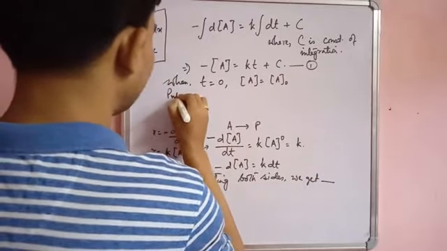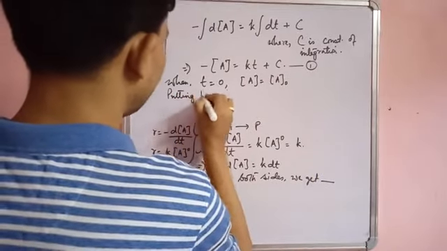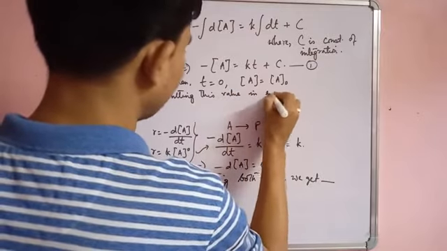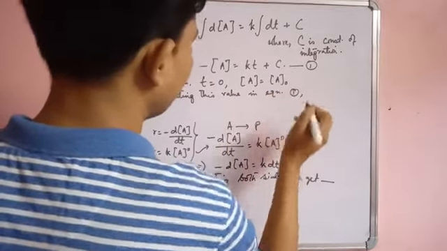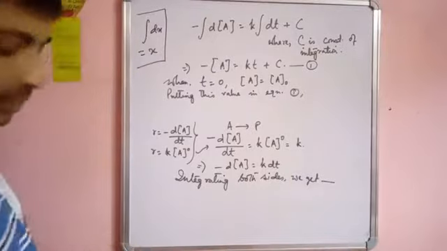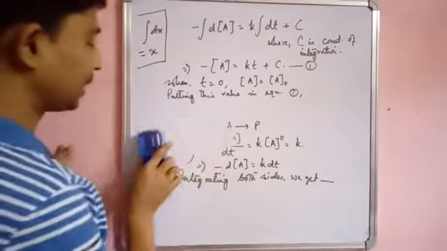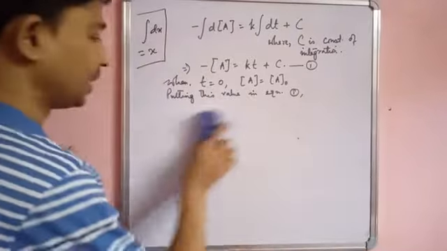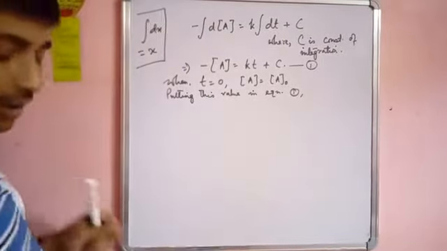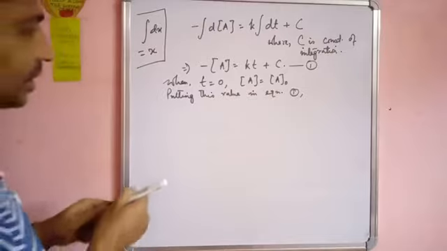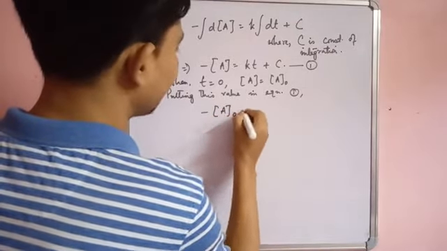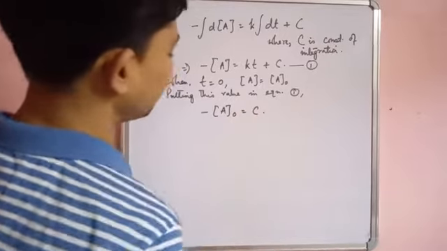Putting this value in equation 1, we get minus [A]0 is equal to c, so the value of c came out.